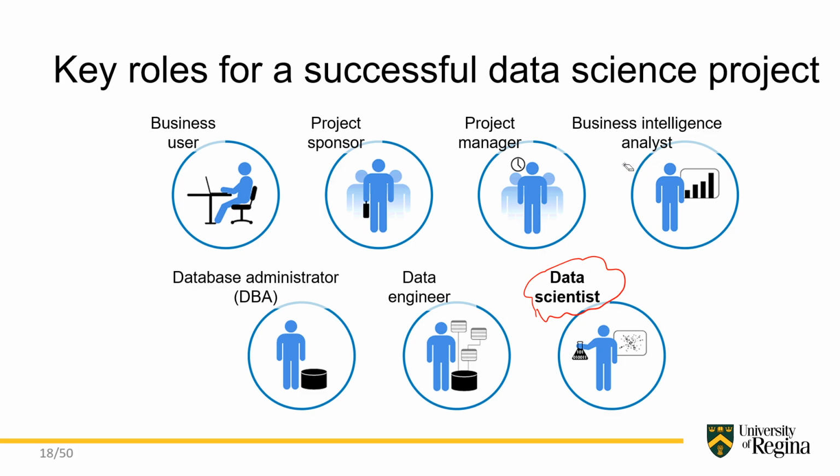And if you want to start solving a problem, not only do you need to work with all these people, but the two roles that you're going to work with a lot are the DBA, a database administrator, and a data engineer. A DBA basically gives the access to the data. If you need to know what's happening with data, or if you need a new table, the DBA could help you with that.